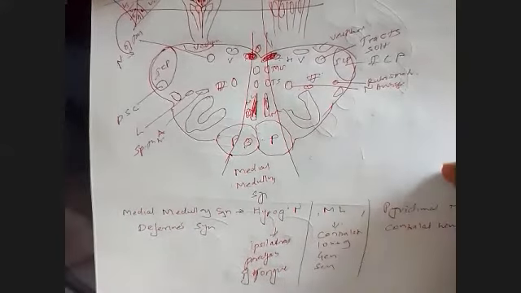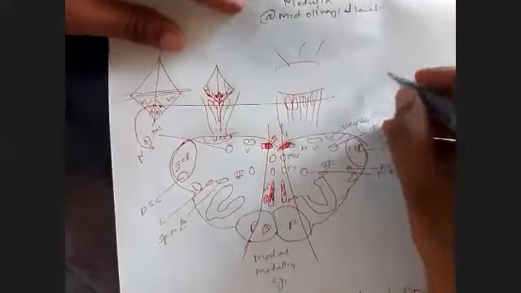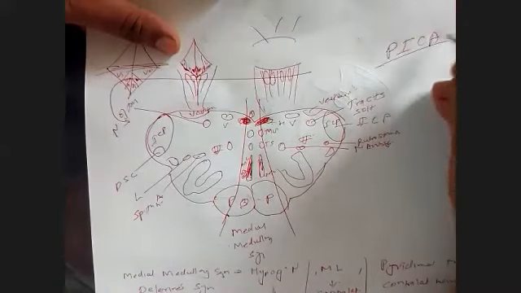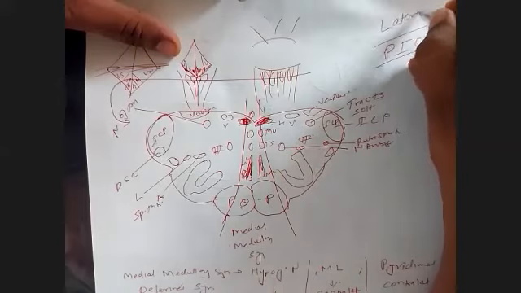The blood supply of the medulla is from the anterior spinal artery, posterior spinal artery, and PICA, the posterior inferior cerebellar artery, which mainly supplies the lateral area.